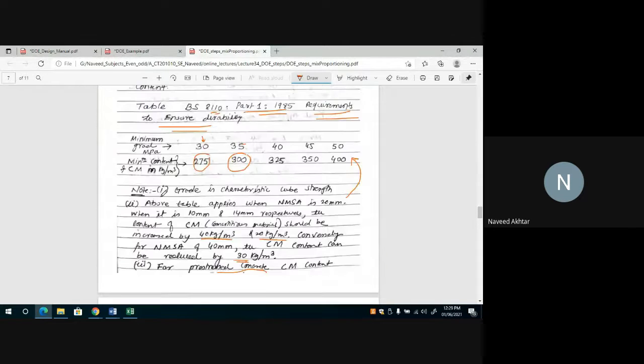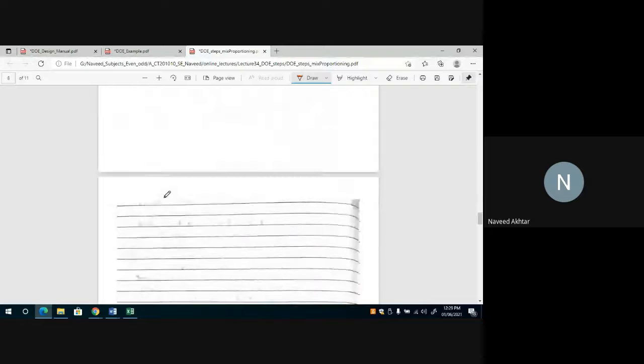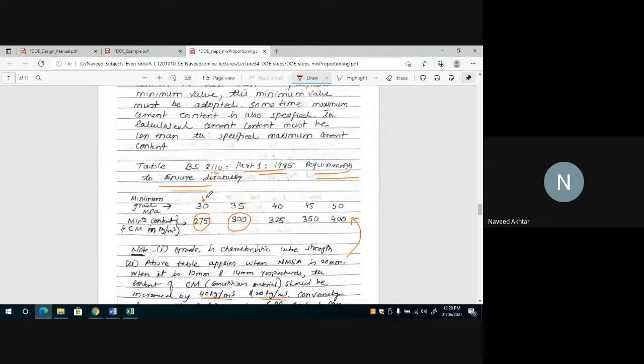Here you can see the minimum and maximum cement content. The minimum cement content for M30 grade of concrete is given in BS 8110. It is 275 kg per cubic meter. For M30 300, for M40 325, M45 350, and M50 it is 400 kg per cubic meter.